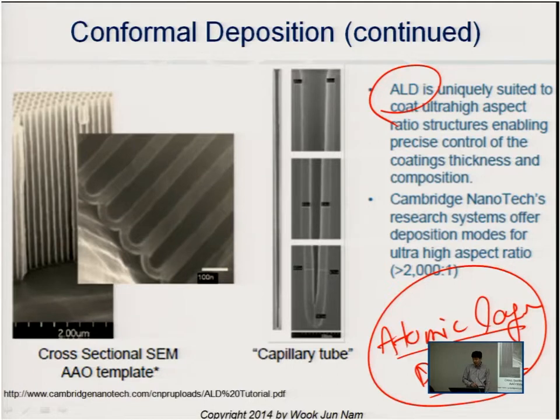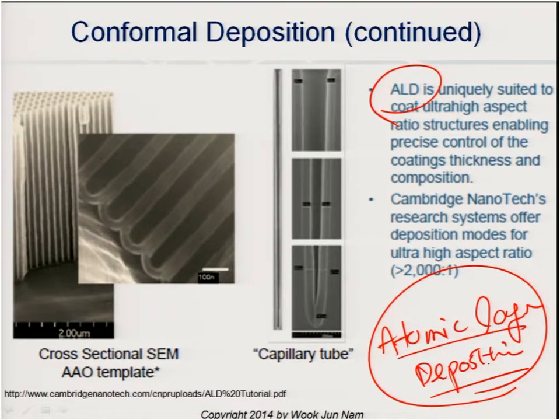But since this technique is so important, I will use one separate lecture only talking about atomic layer deposition. This technique can conformally coat an aspect ratio which is bigger than 1 to 2000.